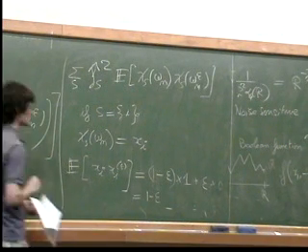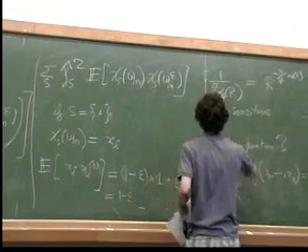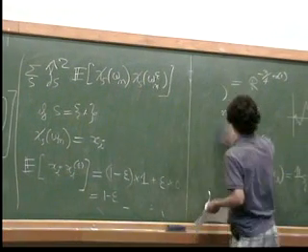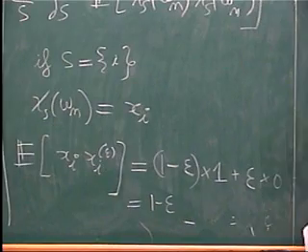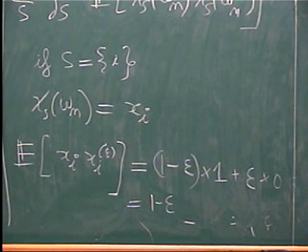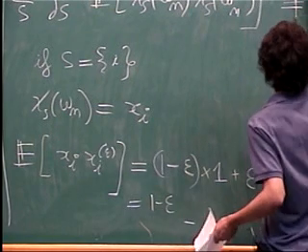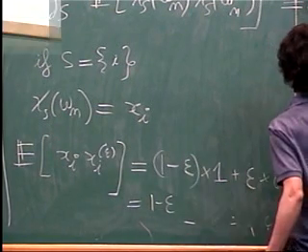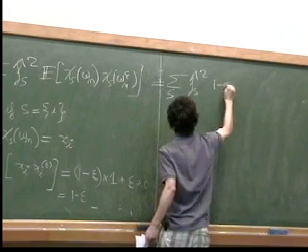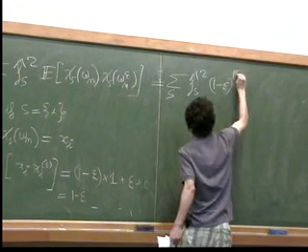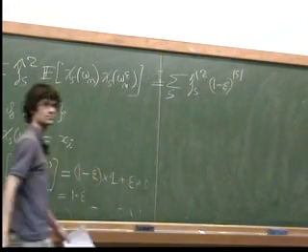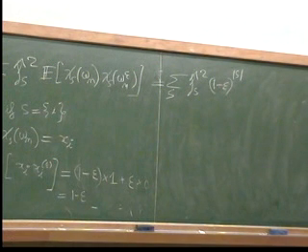So all of this to say that this gives you the sum over S of 1 minus epsilon to the size of S. So you can write it differently.